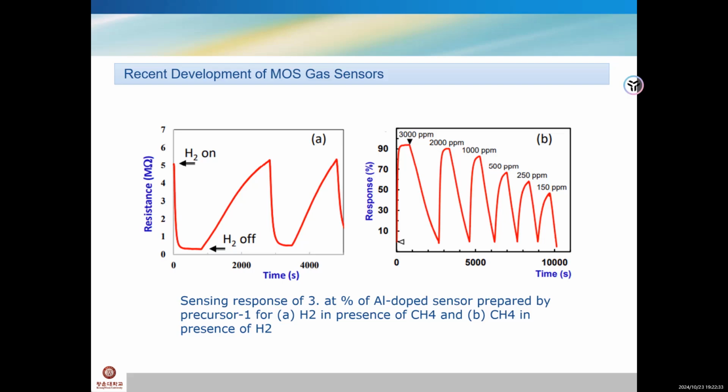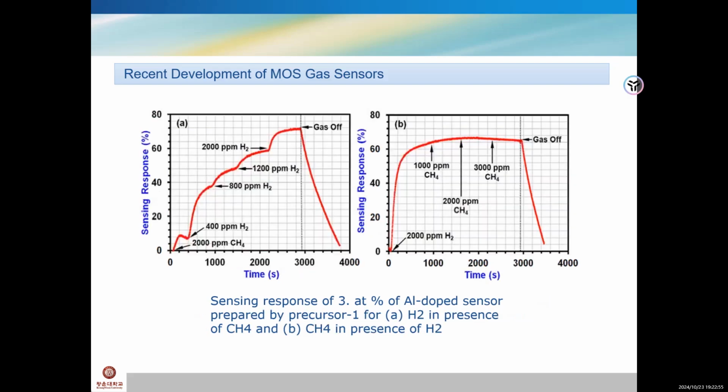Sensing response of a 3% Al-doped sensor prepared by precursor 1 for H2 in presence of CH4 and image B CH4 in presence of H2. This is a sensing diagram, and this is a more detailed diagram.